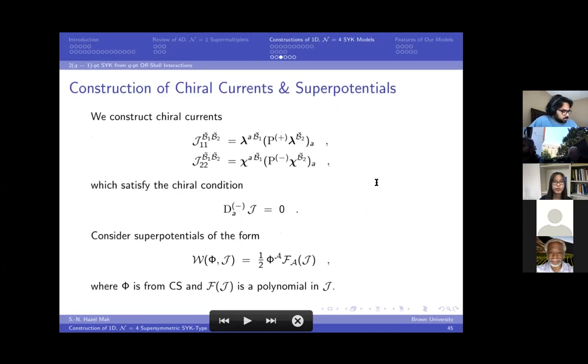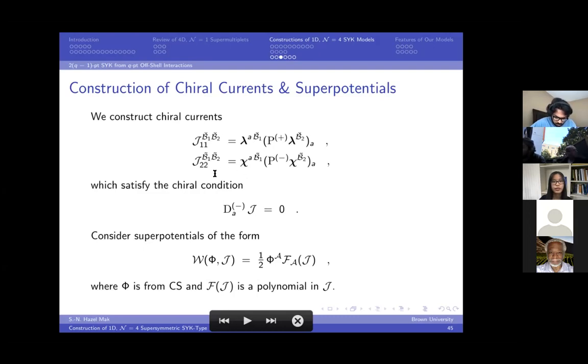First of all, we construct something we call chiral currents, which is done by pulling out the Majorana fermions from the chiral or tensor supermultiplets, and then contracting them with chiral projection operators, and seeing if they satisfy the chiral condition. We see that J11, constructed from vector supermultiplets, is a chiral combination.